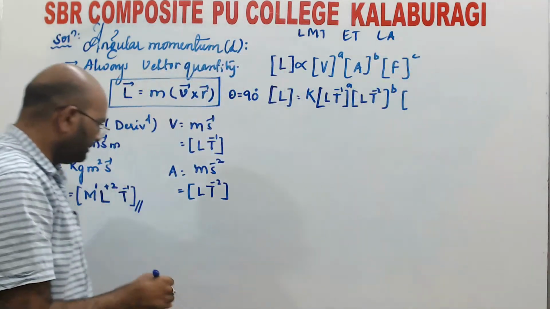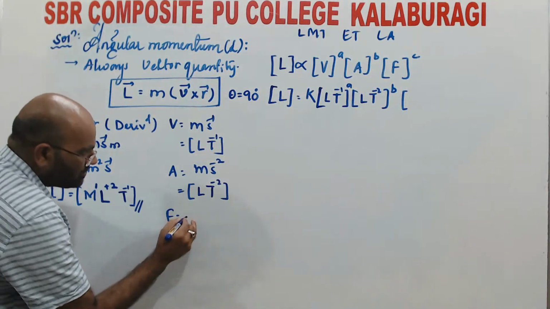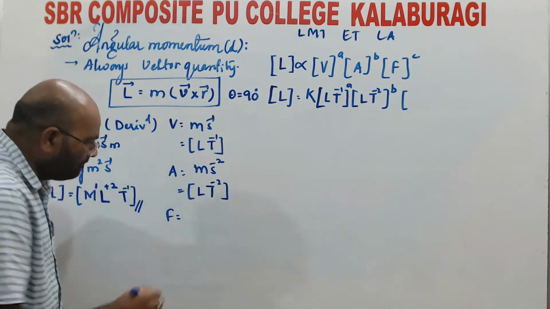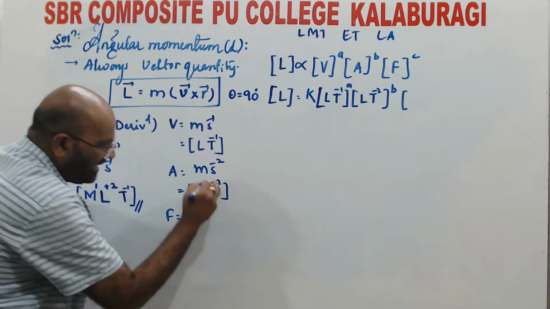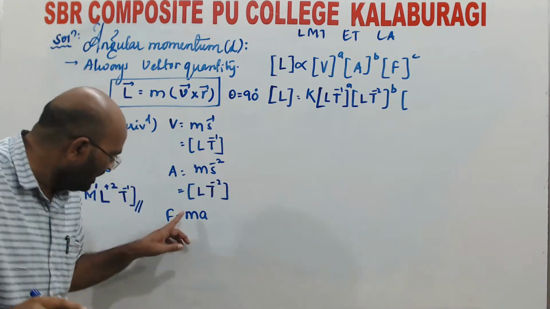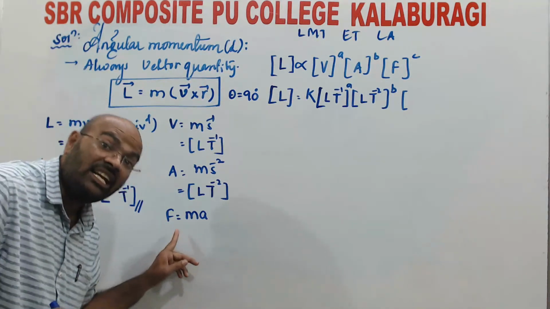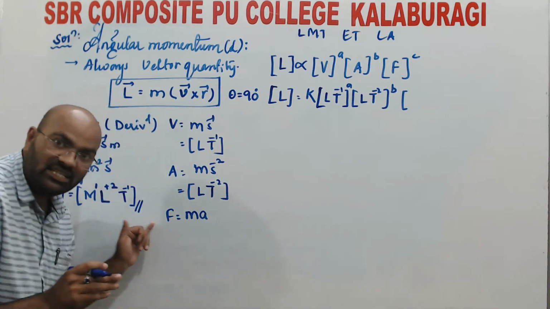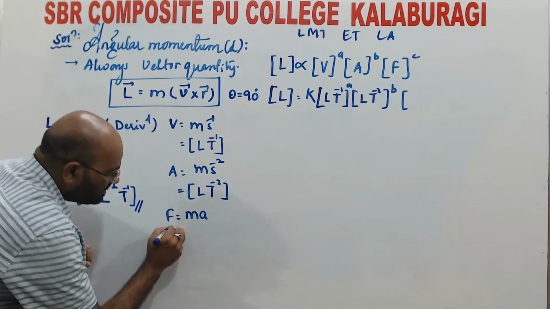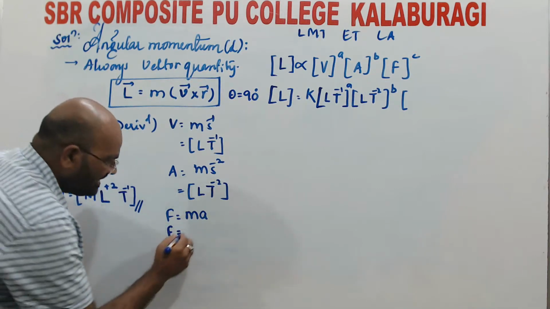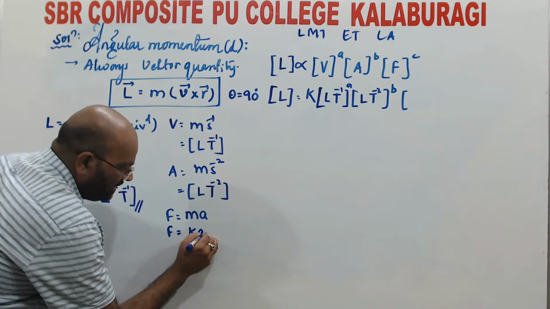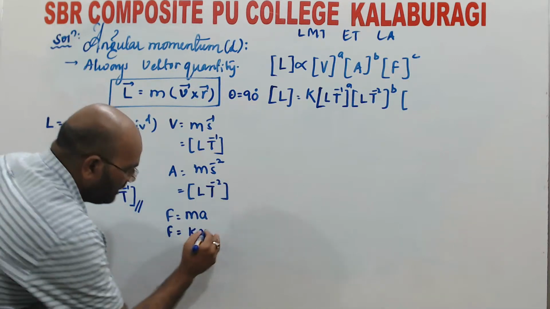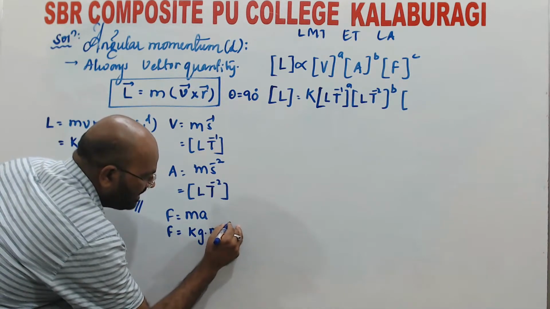And force. Force is equal to what? Mass into acceleration. According to Newton's second law, it's a product of mass and acceleration. That is called force. Then force is equal to mass, which can be given as kg, into acceleration, given as meter per second square.